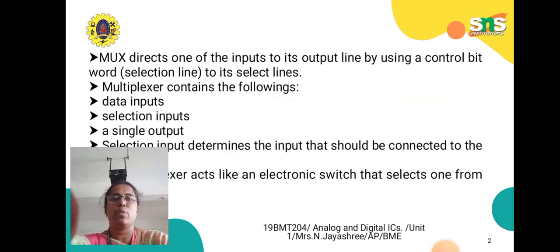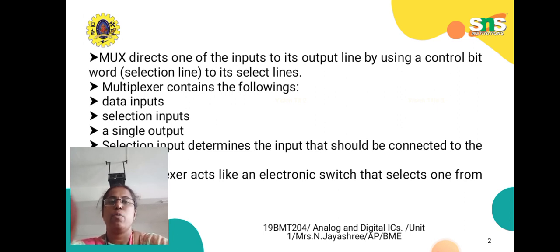So a mux directs one of the inputs to its output by using the control word on its select line. A multiplexer contains the following: data inputs, select lines, and a single output. The select input determines the input, and the multiplexer acts as an electronic circuit that selects one from many of the other sources.